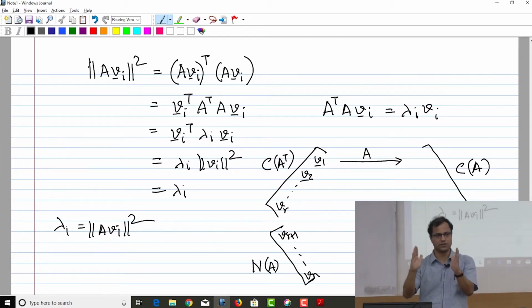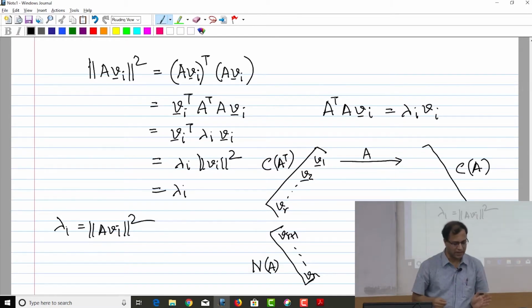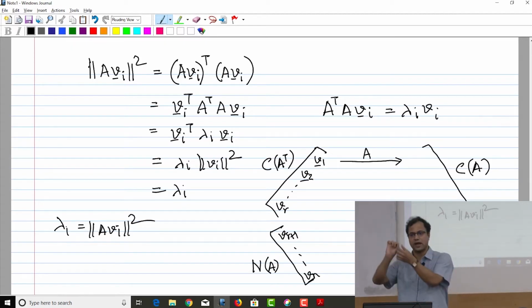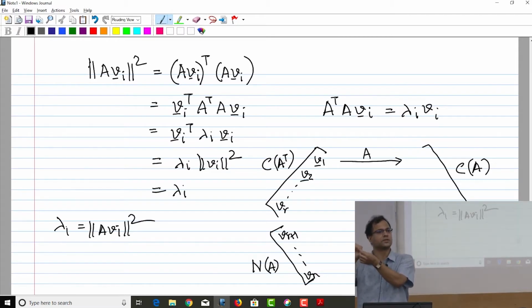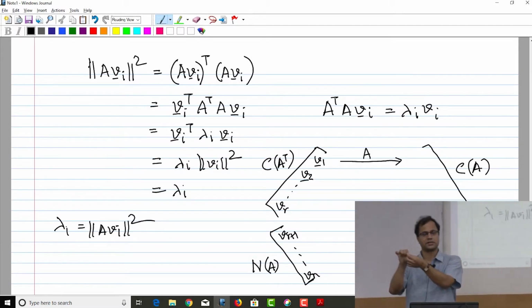So we have only the non-zero AVis now, and it is easy to show that these are linearly independent. At the same time, we can also show spanning. You can take any vector from the column space of the matrix A, say that vector y.